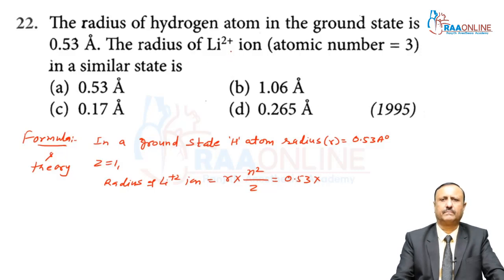Here n is equal to 1 for the similar state, upon Z; for lithium, Z is equal to 3. So, my dear students, you can get the answer 0.53 upon 3, which is 0.17 angstrom. So this is your answer, 0.17 angstrom, radius of Li plus 2 ion, r into n square upon Z. Put the value and get the answer.